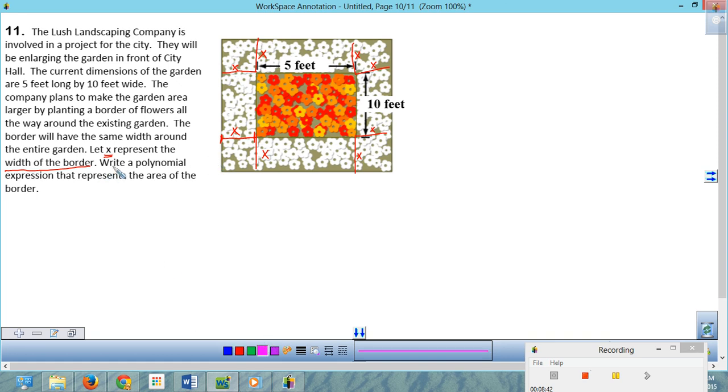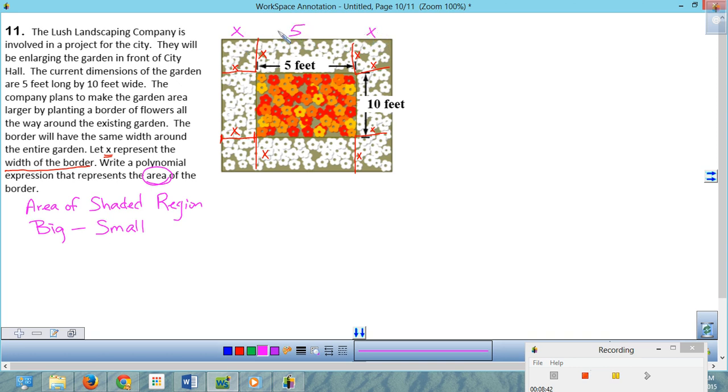So it says, write a polynomial expression that represents the area of the border. So they want just the border, not this piece. So this becomes an area of a shaded region. Okay? An area of a shaded region is the big area minus the small area. So we have x for here, and then this is 5 feet, and then this is x also.